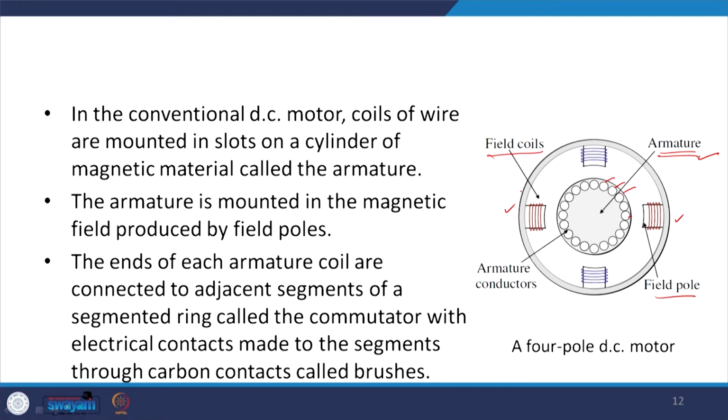The ends of the armature coils are connected to adjacent segments of a segmented ring, which we call the commutator, with electrical contact made to the segments through carbon contacts, usually called brushes.